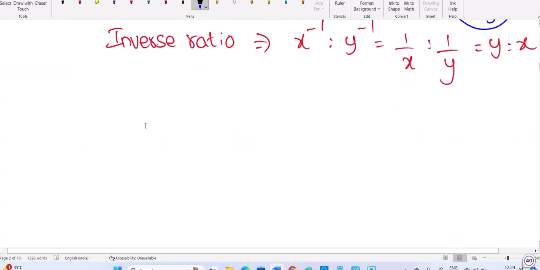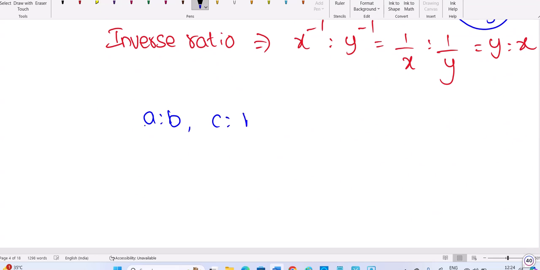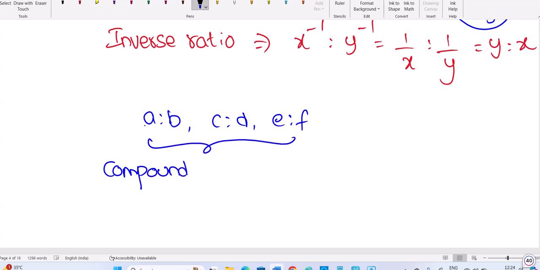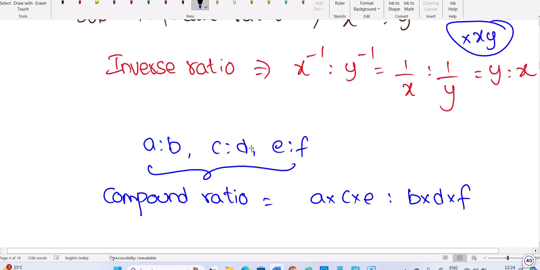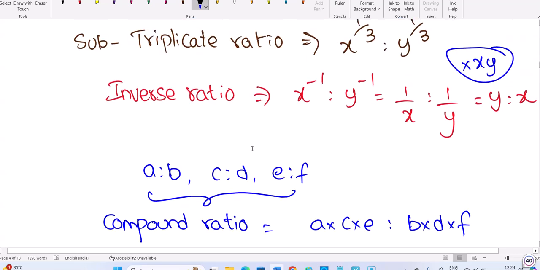And there is something like compound ratio. Suppose you have multiple ratios: A is to B, C is to D, E is to F. If they ask for the compound ratio of all these ratios, your answer should be A into C into E, B into D into F. The first term is ACE and the next one is BDF.